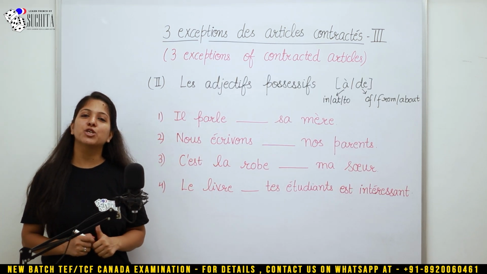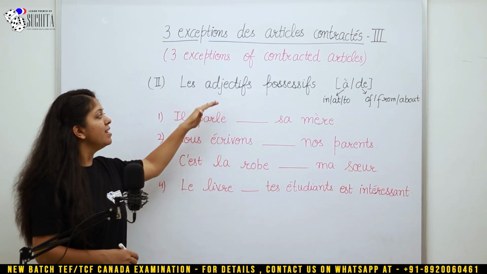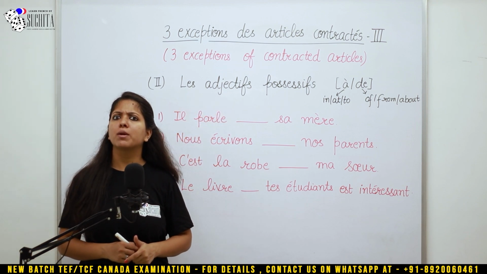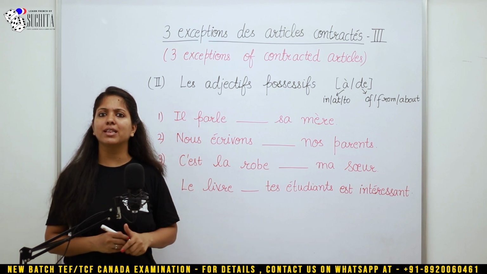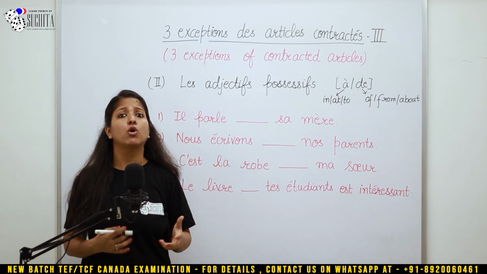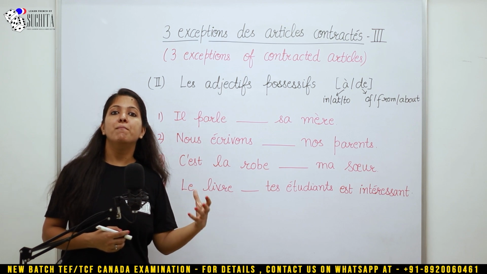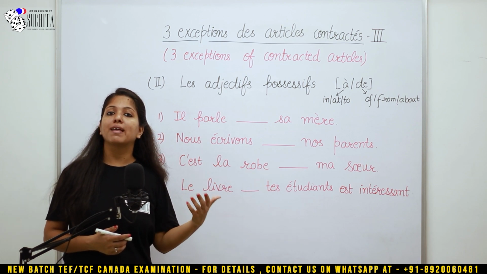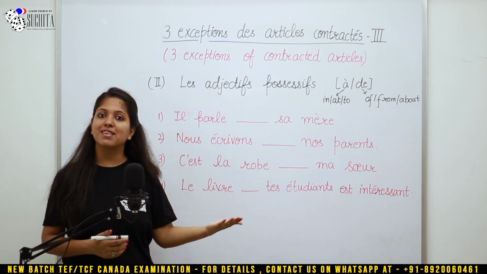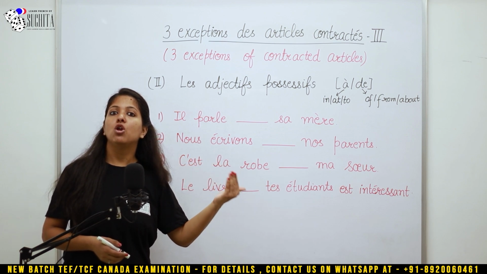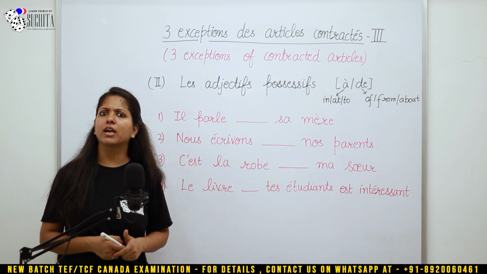Now the second exception that we are going to talk about is les adjectifs possessifs. By the way, if you do not know what possessive adjectives are, I am dropping the link in the card above. You can watch that video if you want to know. Now the possessive adjectives are mon, ma, mes, ton, ta, tes, son, sa, ses, notre, nos, votre, vos, leur. What does that mean?